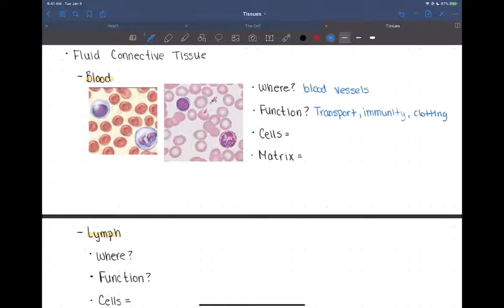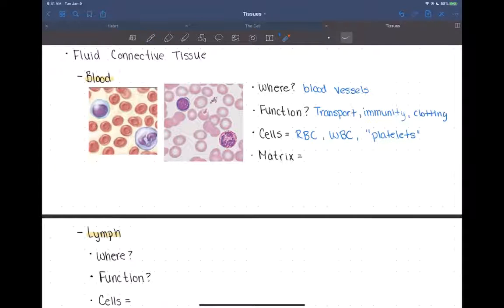So lots of functions for blood, very, very important, obviously. The cells in blood come in a few different kinds: red blood cells, white blood cells, and, in quotation marks, platelets. But platelets are not actually cells. They're little bitty cell fragments, not complete living cells, but they're present in blood.